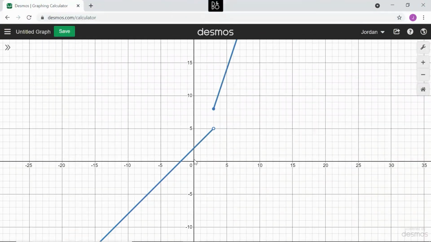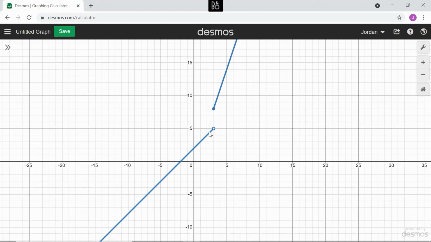Now, in terms of graphs, what this looks like, I've already graphed this piecewise defined function. The function looks like x plus 2 for x less than 3, so it looks like this straight line. And for x bigger than 3, it looks like this straight line here.